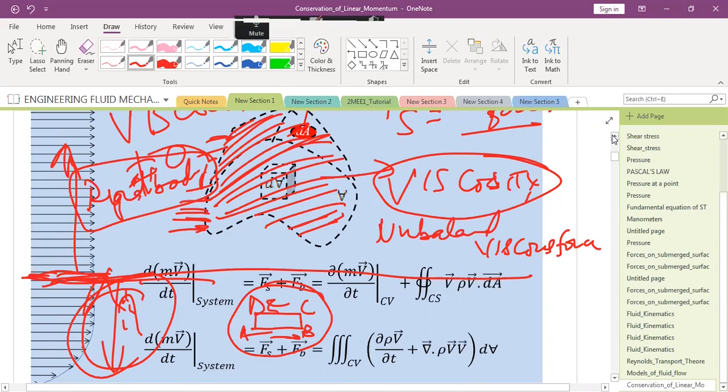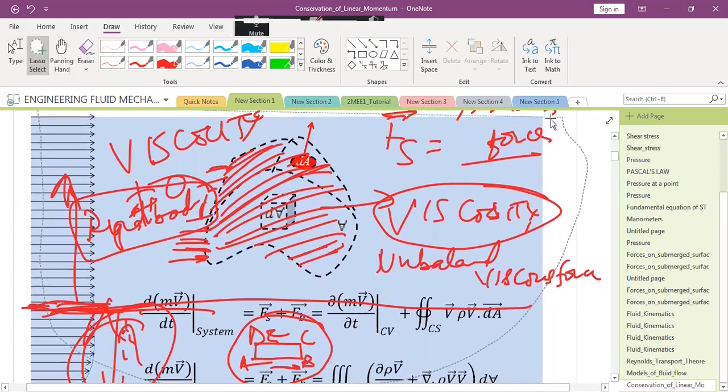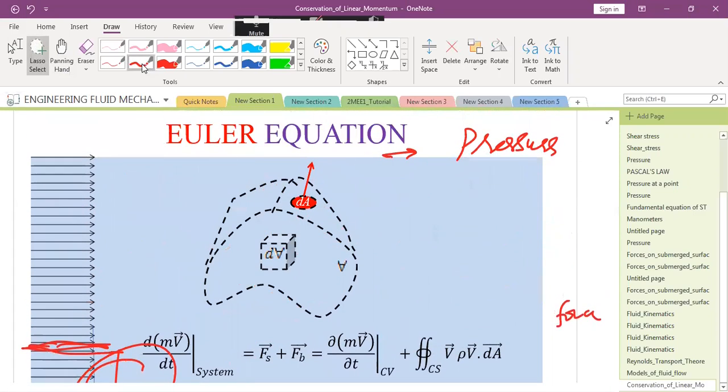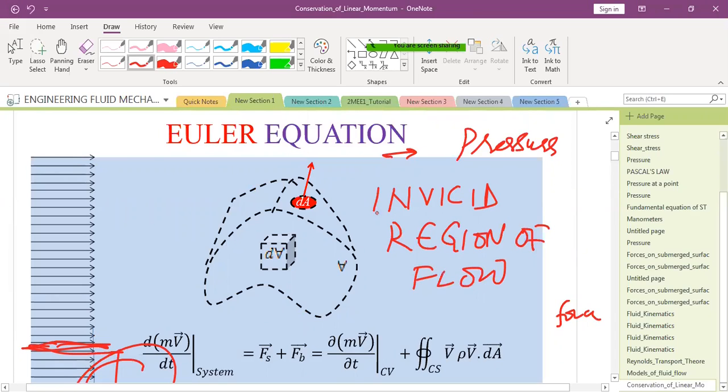And please remember, this is very important. This region is called inviscid region of flow. So please don't ever confuse. Inviscid region does not mean viscosity is zero, because viscosity can never go zero.